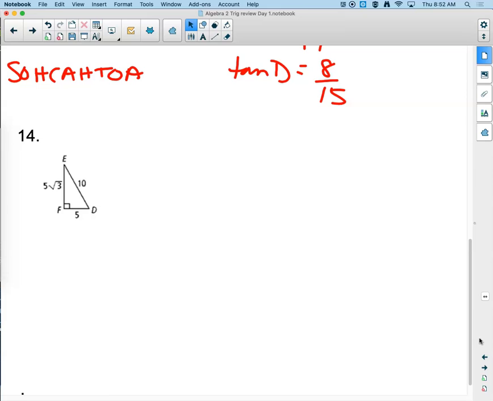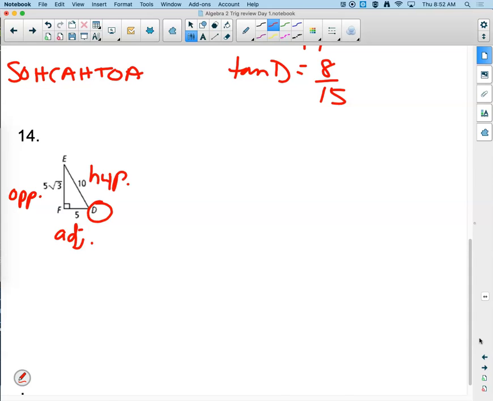Alrighty, let's find D again. What label should we put on 5 square roots of 3? Opposite. Which one gets adjacent? And that leaves, of course, hypotenuse.